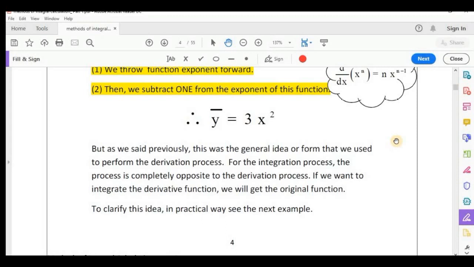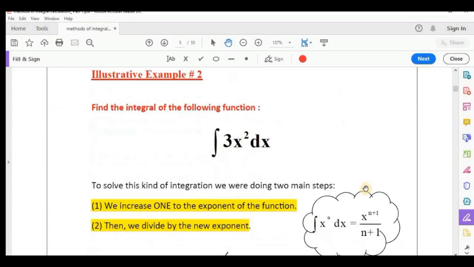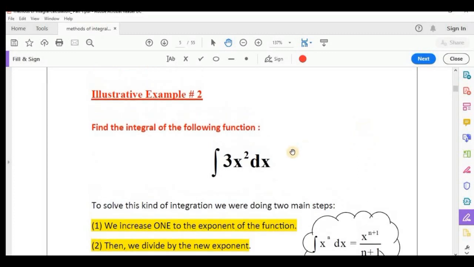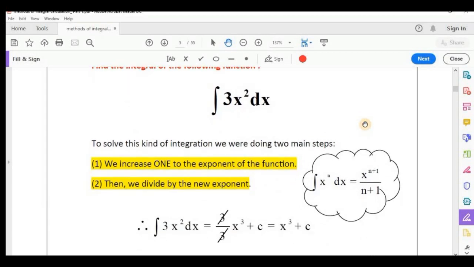So if we integrate the derived function, we will get the original function. To clarify this in a practical way, let's see the next example. If we want to find the integral of the following function, to solve this kind of integration, we do two main steps.